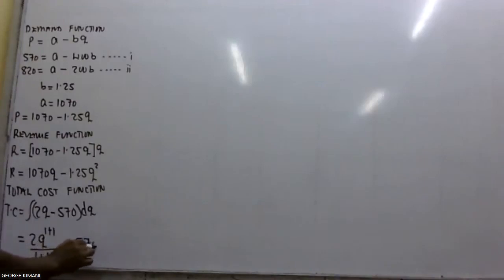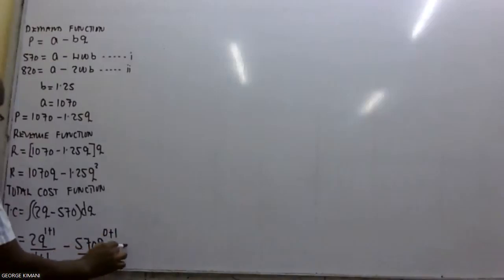You minus 570Q, currently raised to 0, you add back 1, then 0 plus 1.